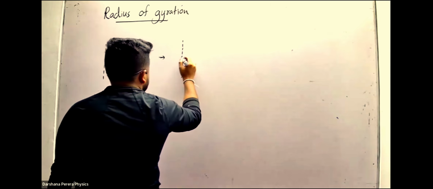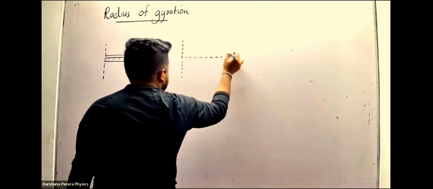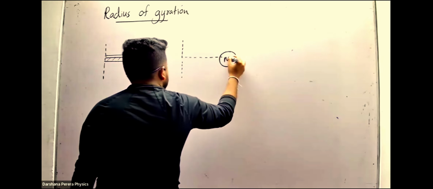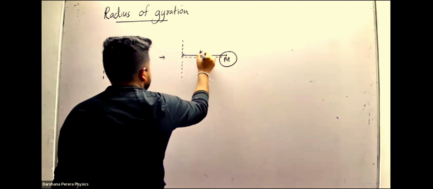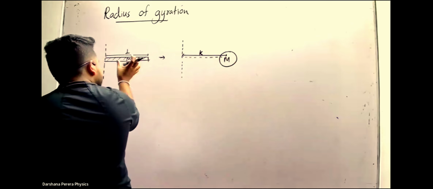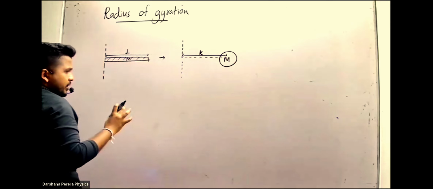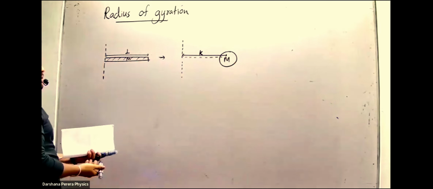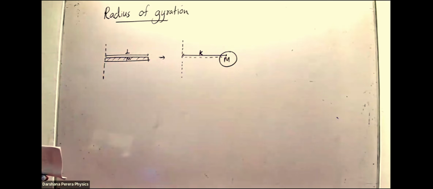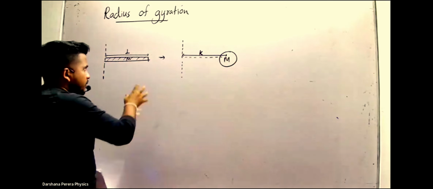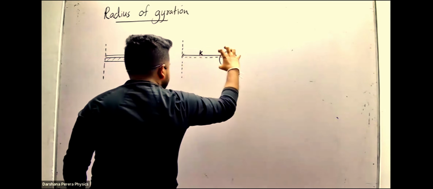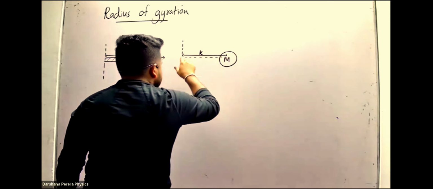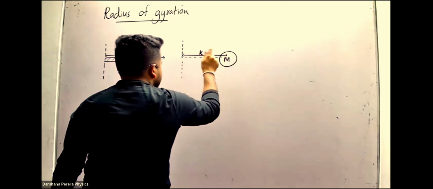We rearrange the distribution of mass m at a distance k. We accumulate or concentrate this mass into one single mass, and it has a distance of k.